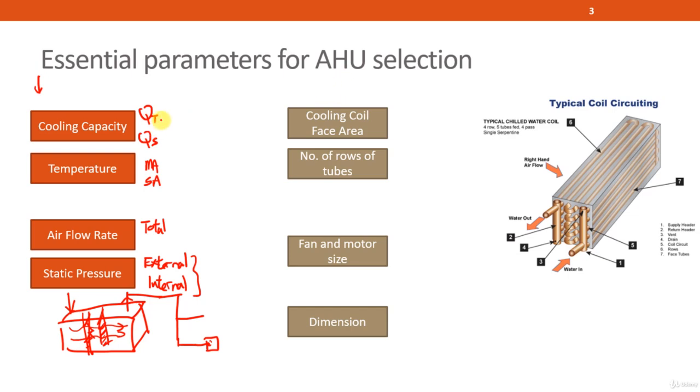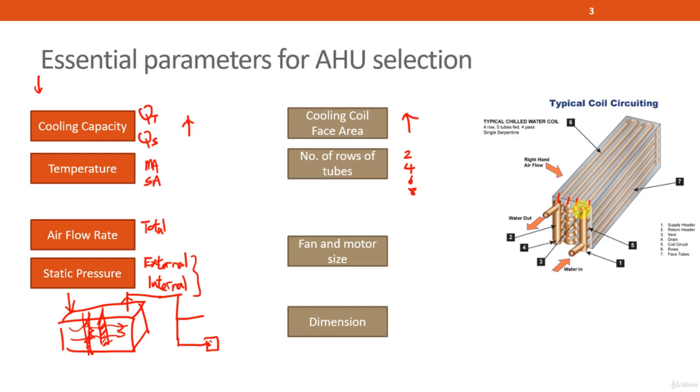If the cooling capacity is high, then obviously the cooling coil face area needs to increase. Also the number of rows of tubes, which means the cooling coil tubes, will be a factor. Usually it's in multiples of 2: either 2 rows, 4 rows, 6 rows, or 8 rows. In this diagram, as you can see, there are 4 rows: 1, 2, 3, 4.